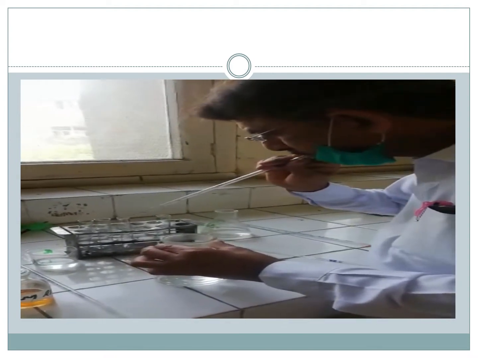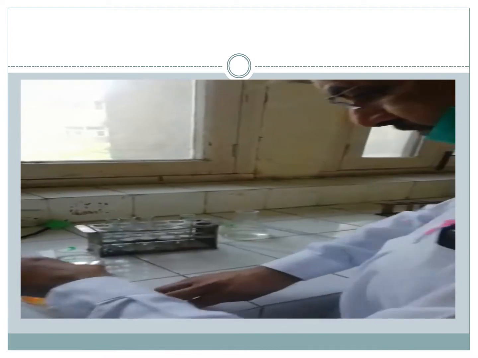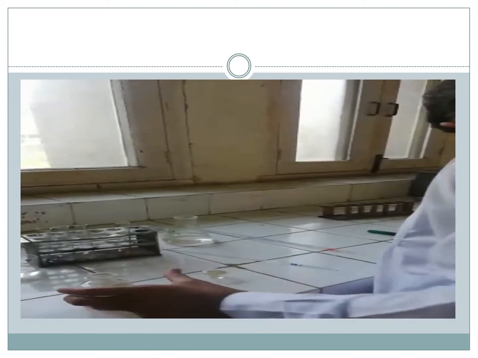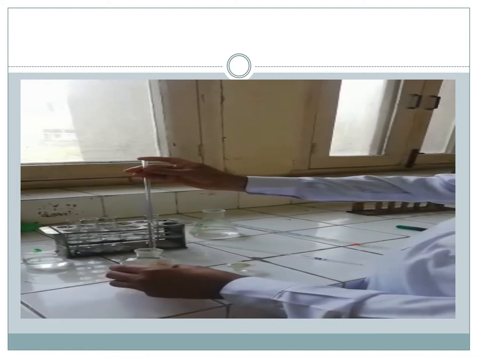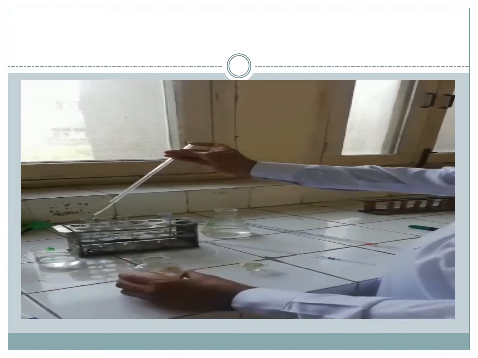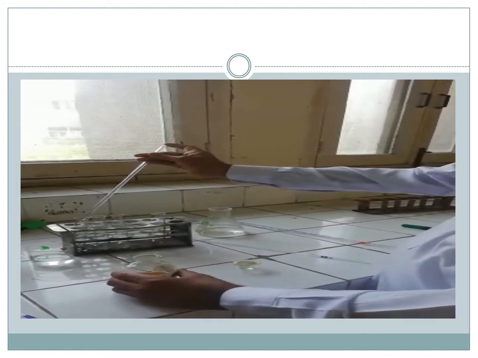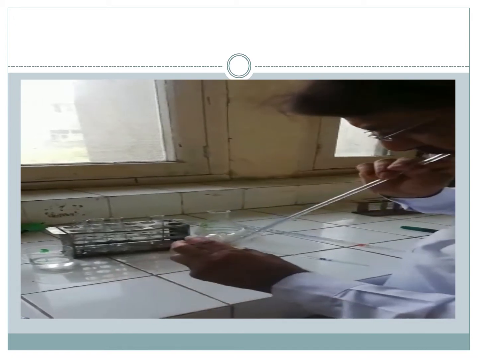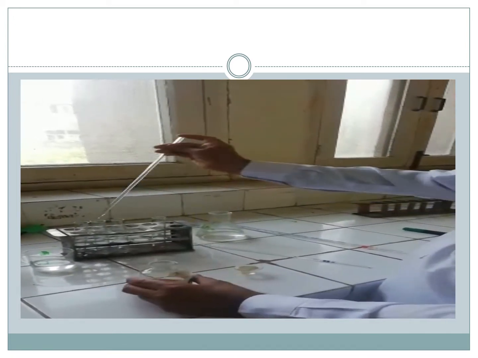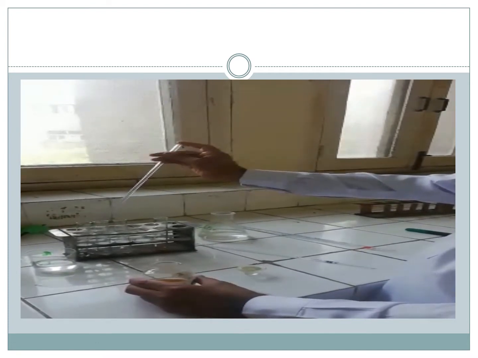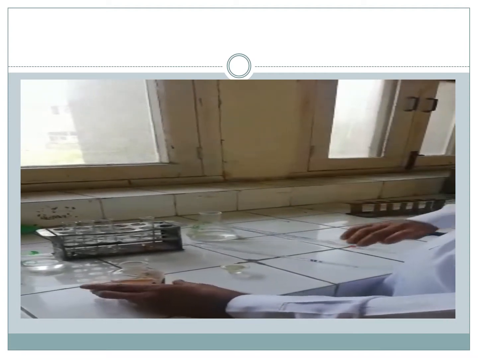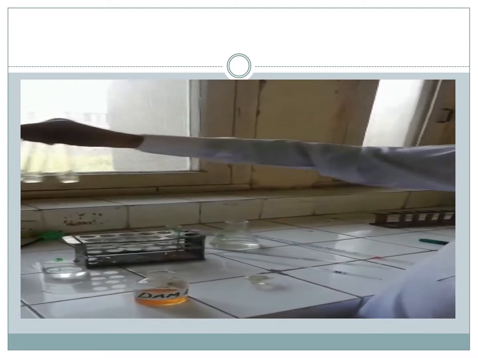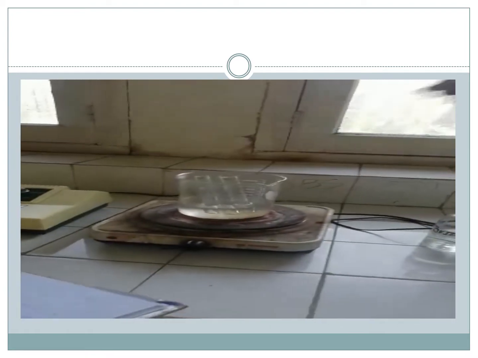Now add 0.5 ml of DAM solution in all the 3 test tubes. Now mix them thoroughly and keep them in boiling water bath for 10 to 15 minutes.